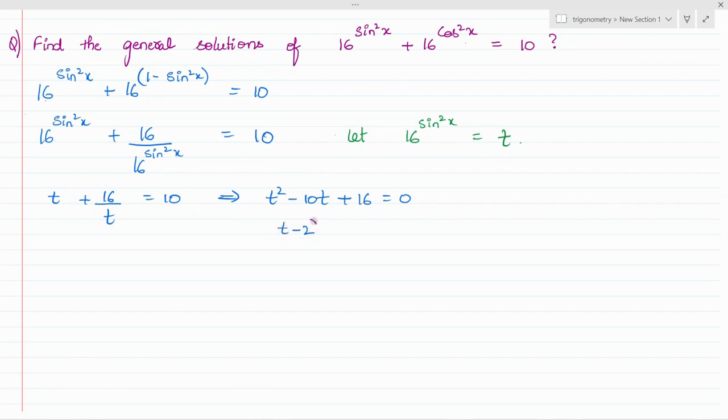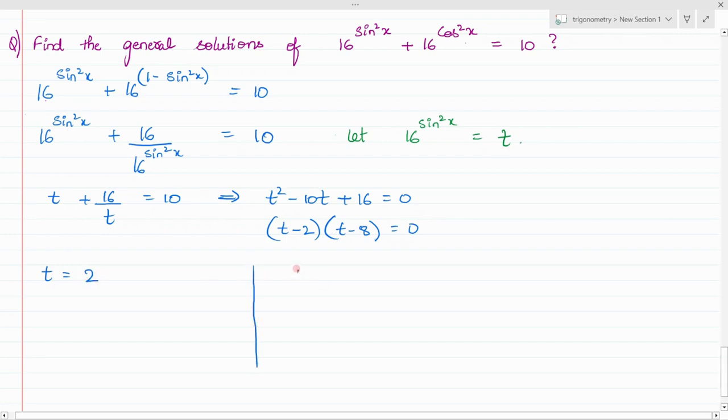And from here we can write t minus 2, t minus 8 is equal to 0. From here we'll get two cases. Case 1 is t equal to 2 and case 2 is t is equal to 8. Now what is t? It's nothing but 16 power sine square x is equal to 2.